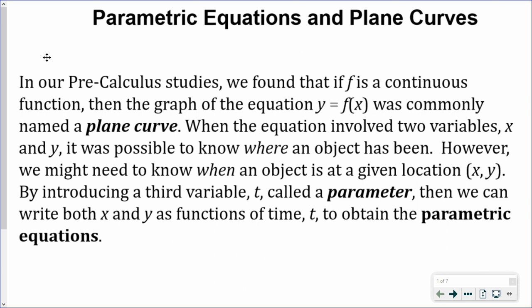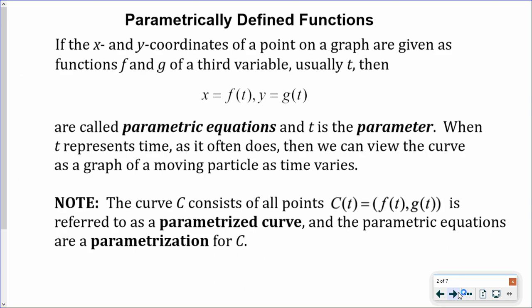And if we do that, we obtain parametric equations. So parametric equations are just where x and y are now both functions in terms of time. We're just introducing a third variable called the parameter, which is often t for time.